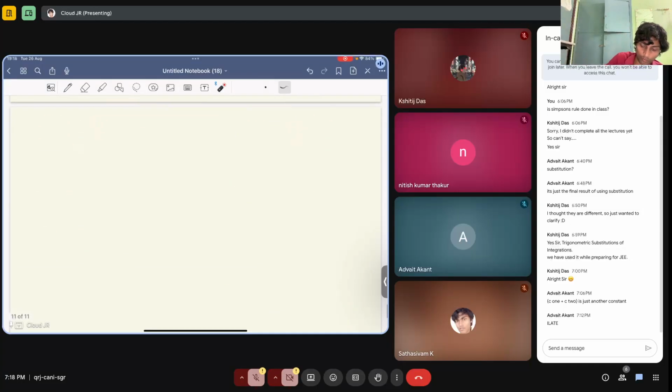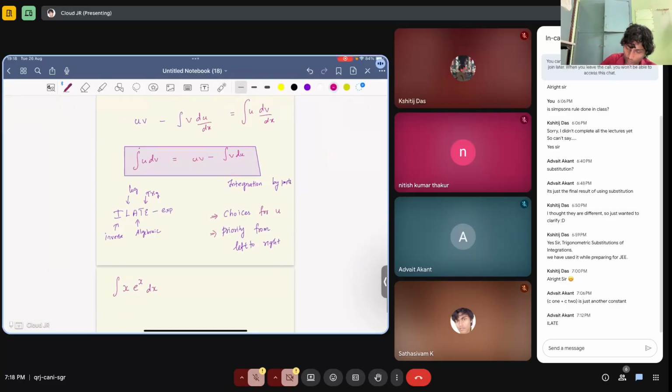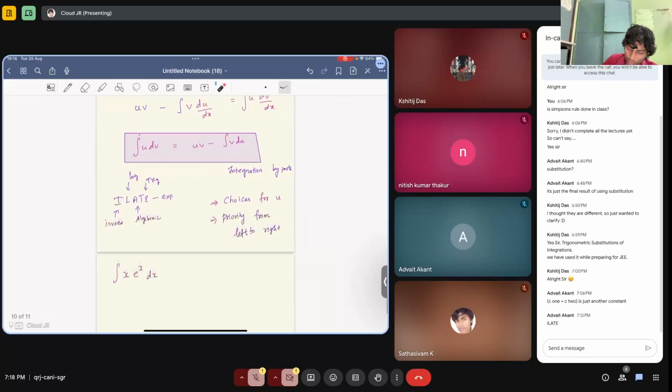So let's start with the problem here, and maybe we go quickly. Integral x e power x dx. Here, one of these we are going to take as dv, and another thing we are going to take as u.